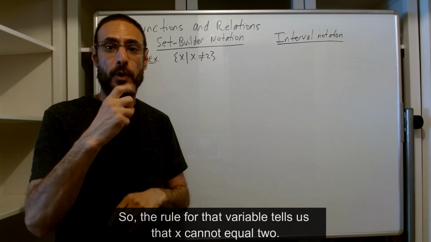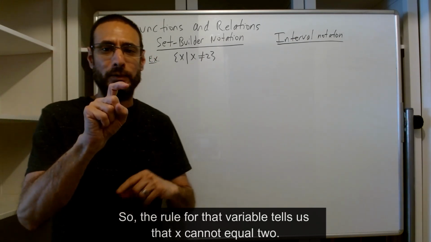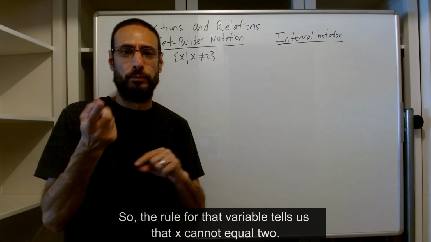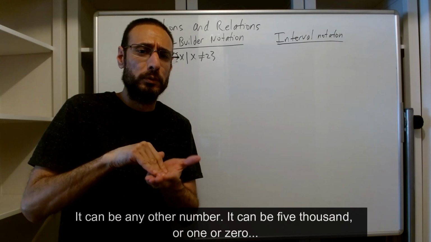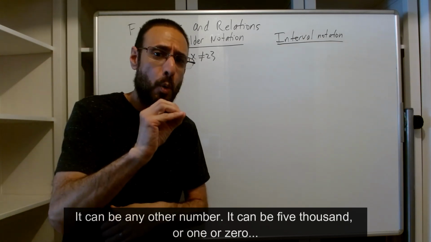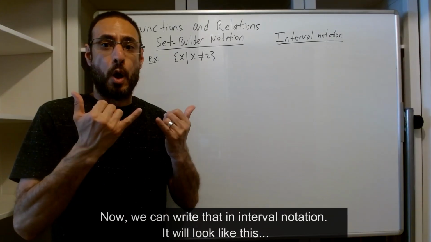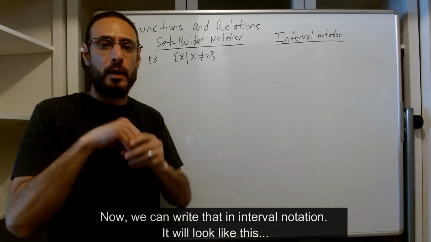The rule for that variable tells us that x cannot equal 2. It can be any other number. It can be 5,000, or 1 or 0. Now, we can write that in interval notation. It will look like this.